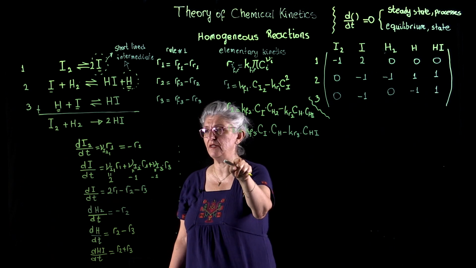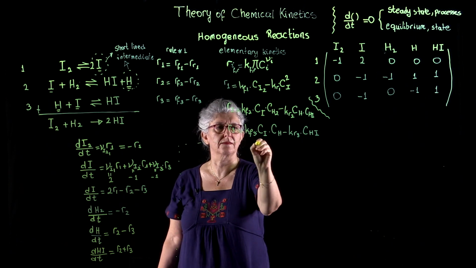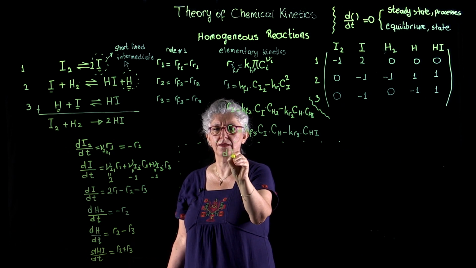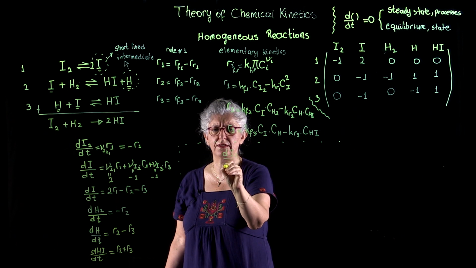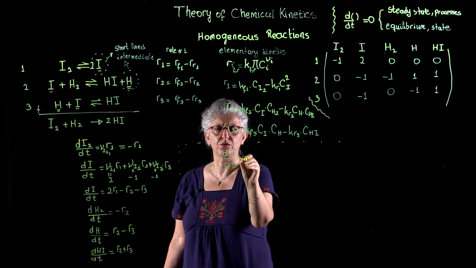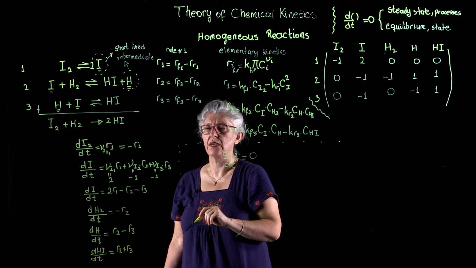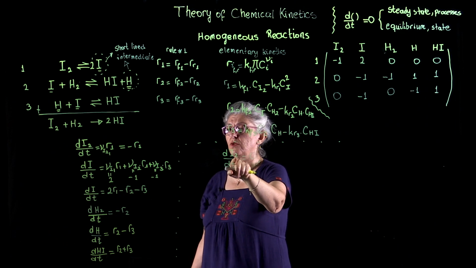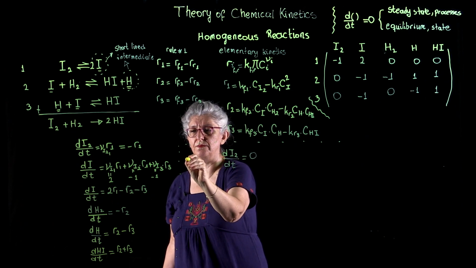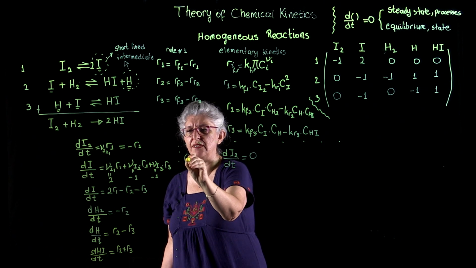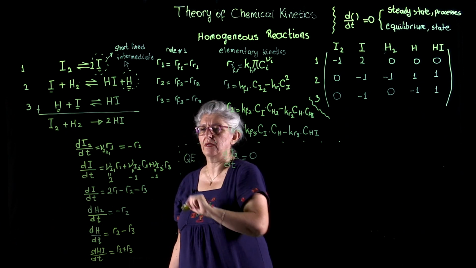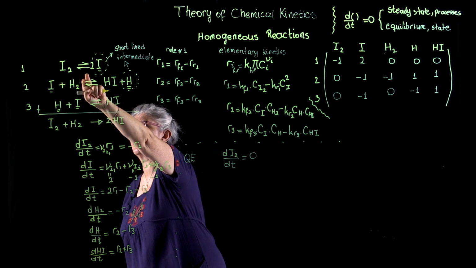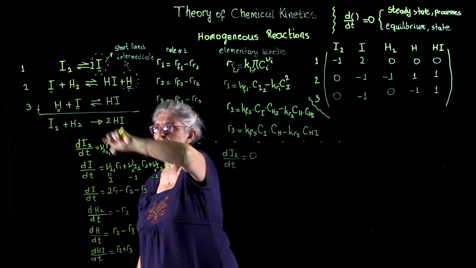So I'm going to continue here. dI2 over dt is equal to 0. By writing that, I invoke quasi-equilibrium hypothesis that this first reaction is equilibrated.